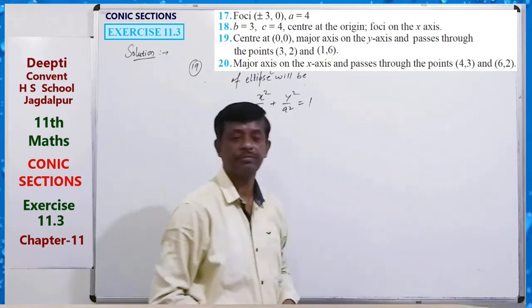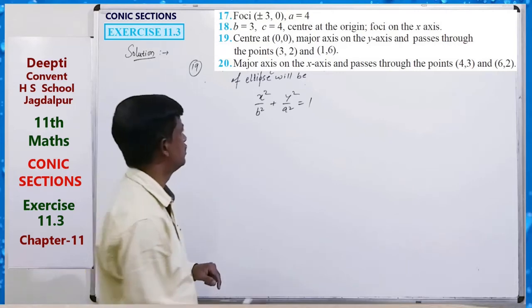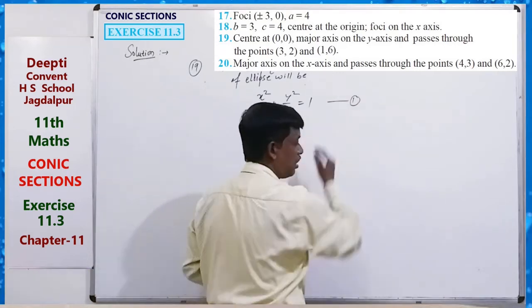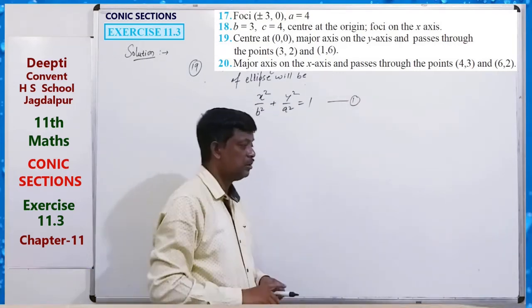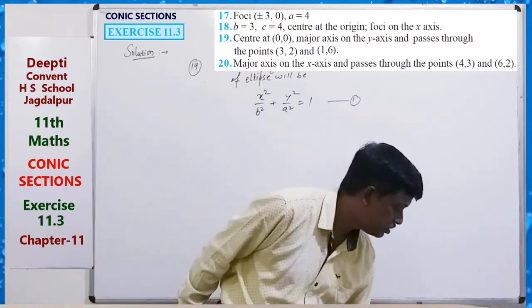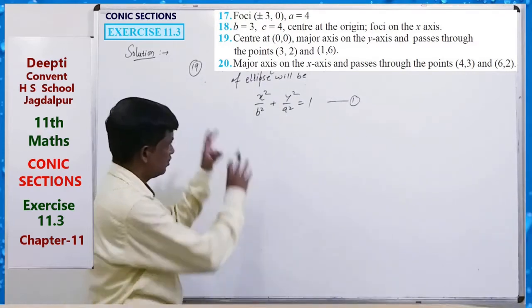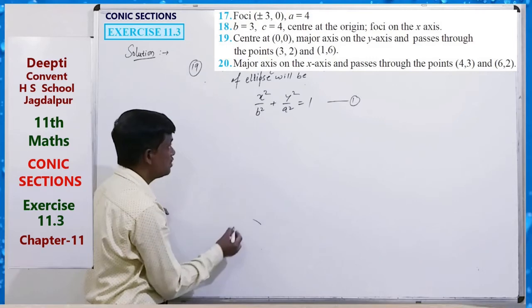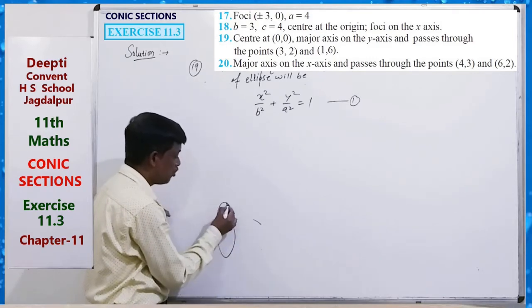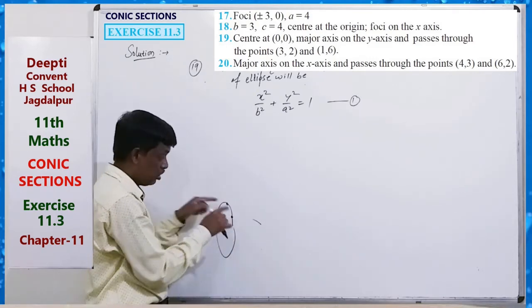This is the required equation and it will pass through the points (3, 2) and (1, 6). This ellipse passes through 2 points, so the points will satisfy this equation.